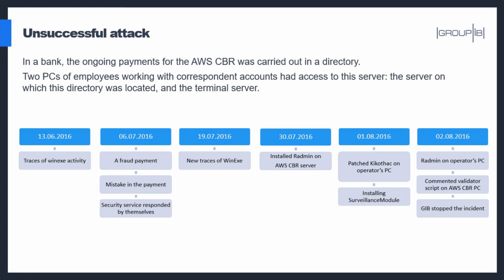At this time, the security team of the bank noticed this suspicious activity in their network and decided to work with Group-IB, and our IR specialists stopped the theft.